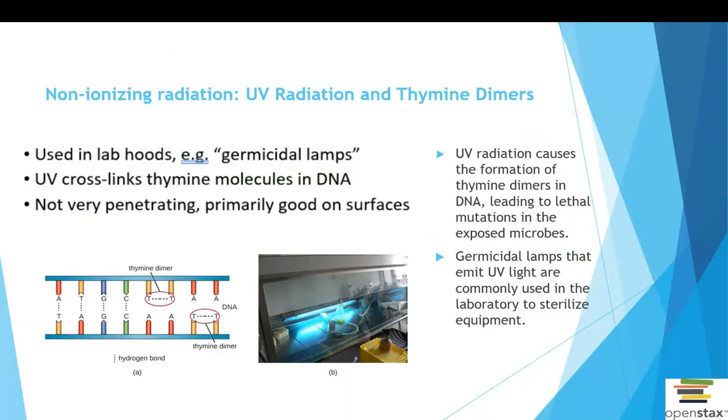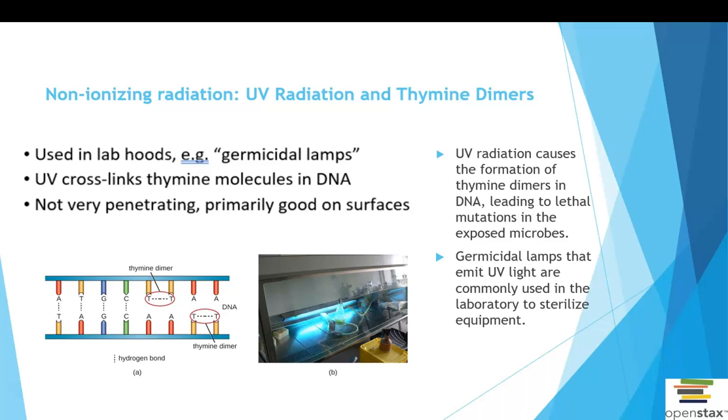Then we have non-ionizing radiation that we use, for example, in the lab. We use UV radiation, or in the hospitals, in order to control the microbial growth. And UV is not very strong, so it cannot penetrate inside the material, but it can control the microbial growth on the surface of the item.